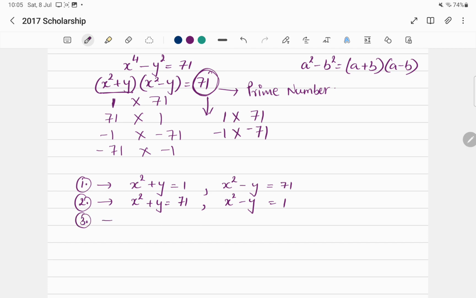Our third possibility is x squared plus y equals minus 1, and x squared minus y equals minus 71. And the fourth possibility is x squared plus y equals minus 71, and x squared minus y equals minus 1. So now we have 4 sets of equations.